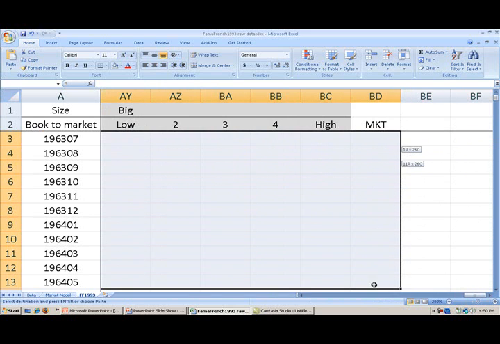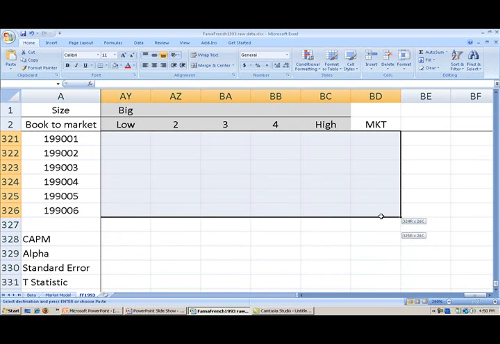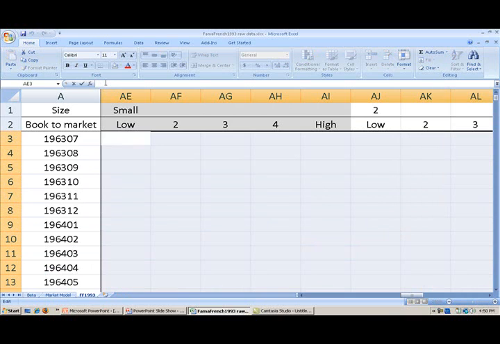So let's select the range where we're going to want to put all these returns. In the formula bar, we're now going to type equals, and we're going to do returns minus the risk-free rate.